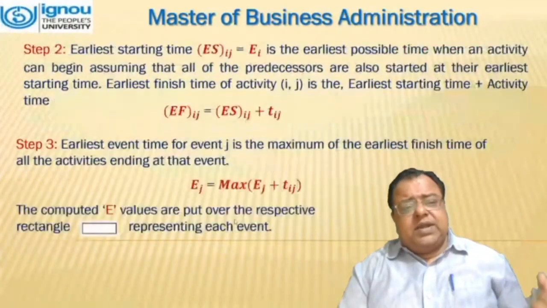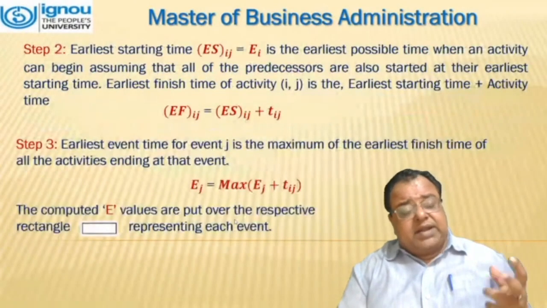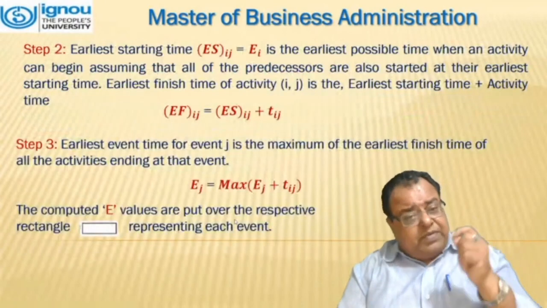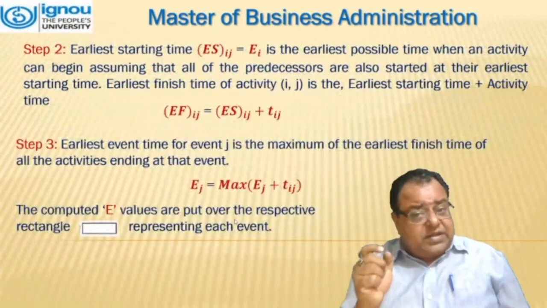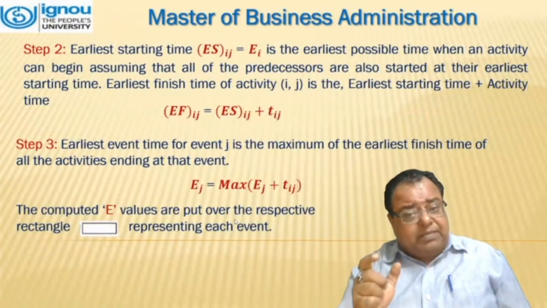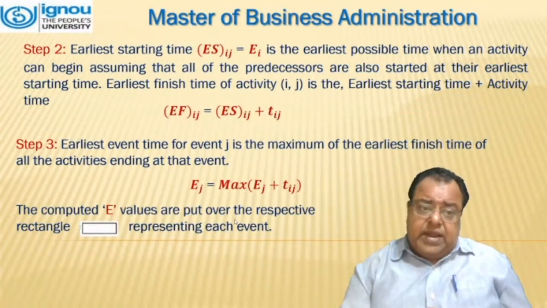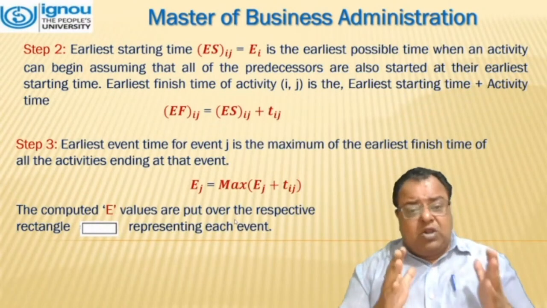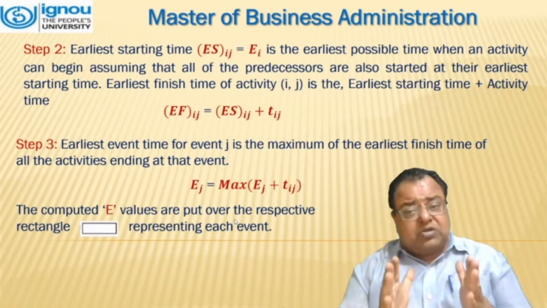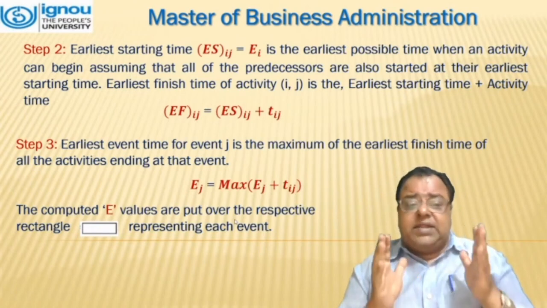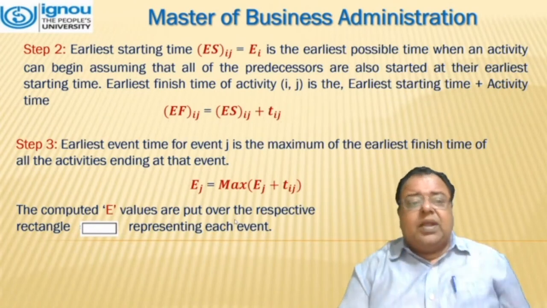Step 2: the earliest starting time, ES(ij), should be equal to E(i), which is the earliest possible time when an activity can begin, assuming that all the predecessors also start at their earliest starting time.